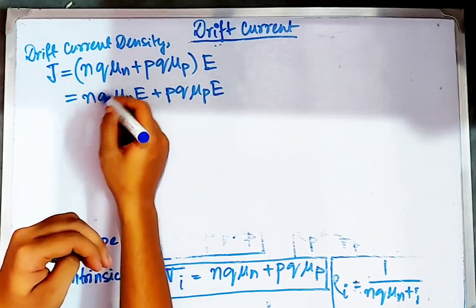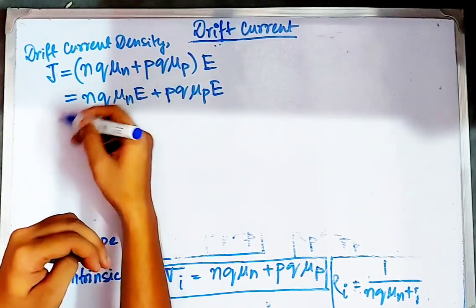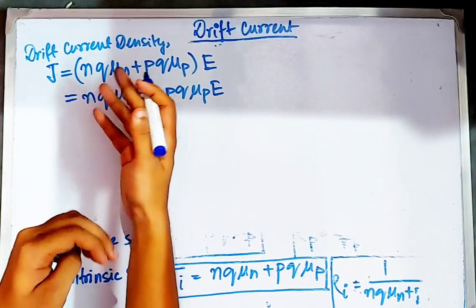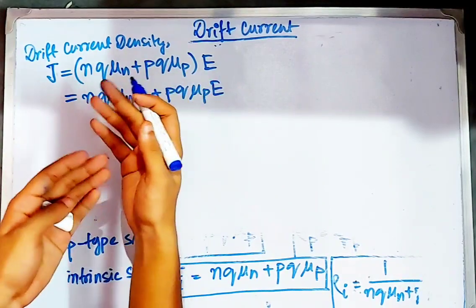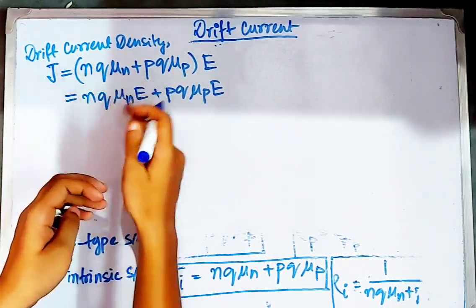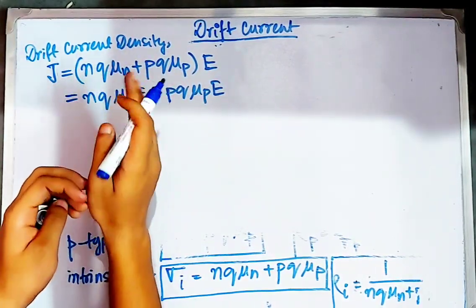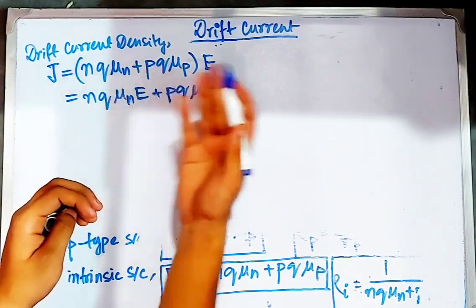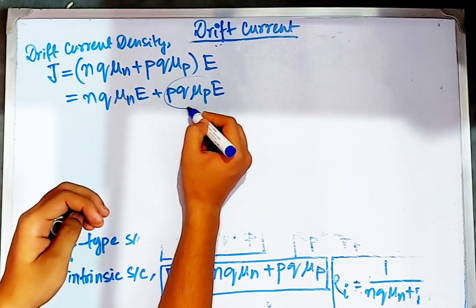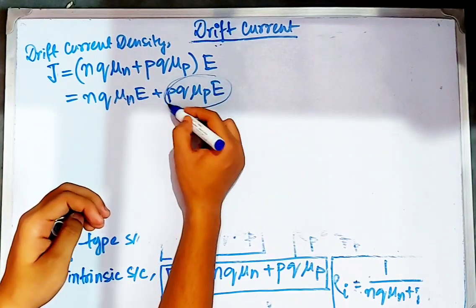So that time this term, n q mu n, will get cancelled out, or will be more or less equal to 0. So we don't need to worry about this part there.